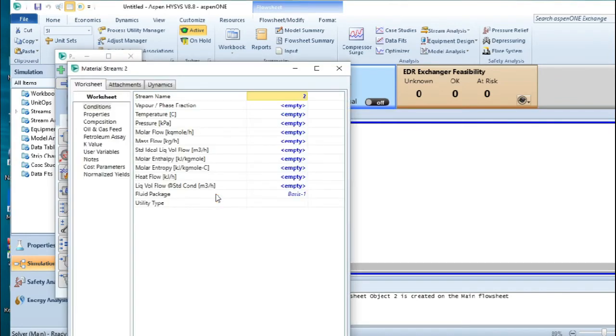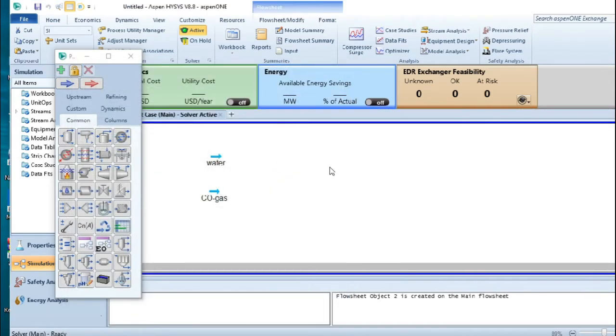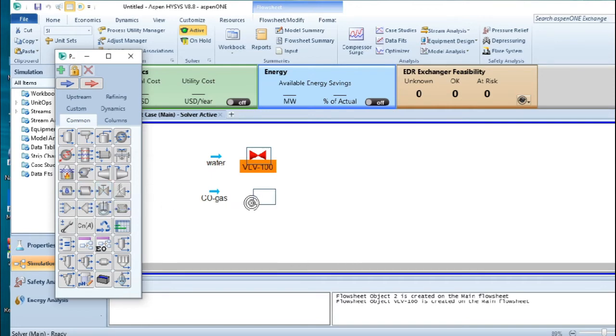The second reactant is CO. So let's introduce a valve for controlling. Each stream should possess its own valve.